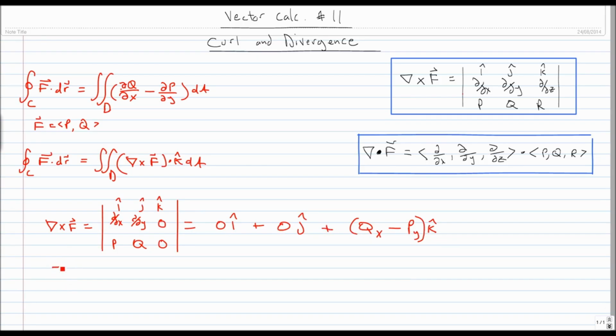So then when you take the dot product, what do you get? Well, you're taking the dot product between this vector that I just wrote up here, 0, 0, Q sub x minus P sub y, and you're dotting that with a unit vector in the k hat direction.